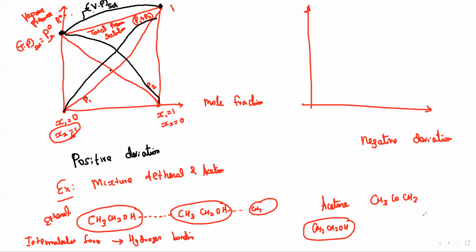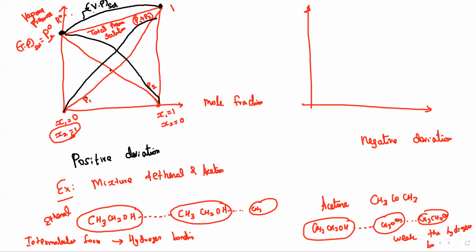In between these two ethanol molecules, this CH3 CO CH3 will be placed. So it weakens the existing hydrogen bond. Here it weakens the hydrogen bond.